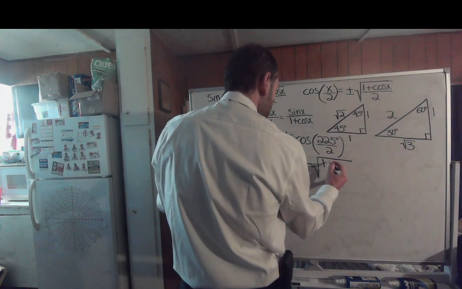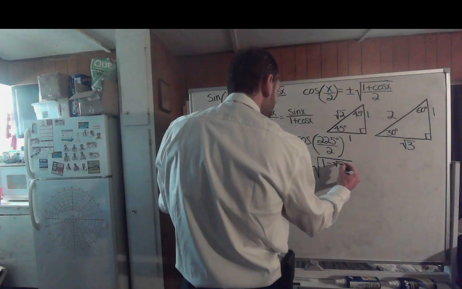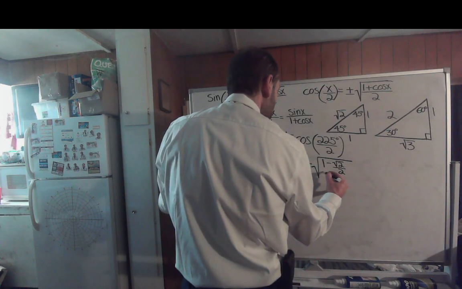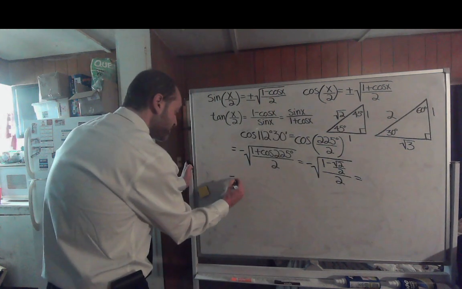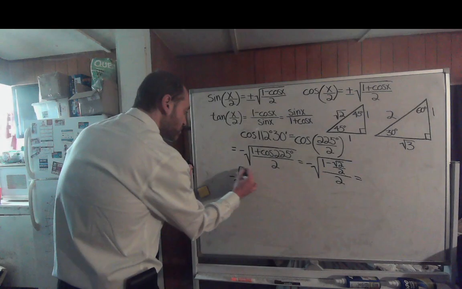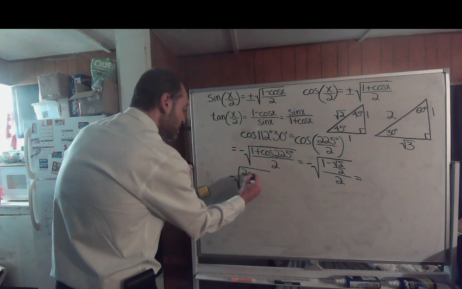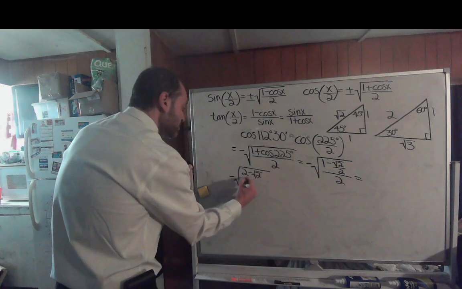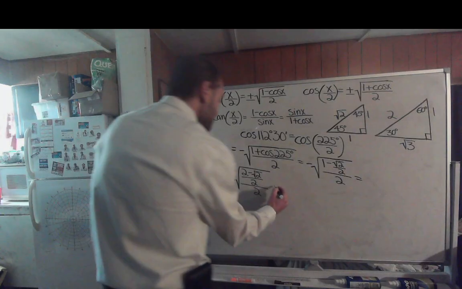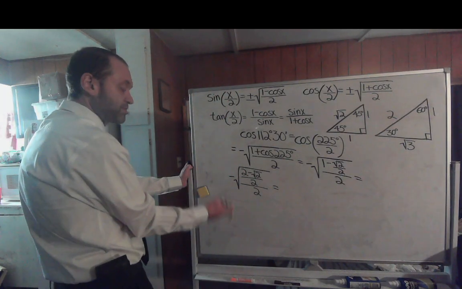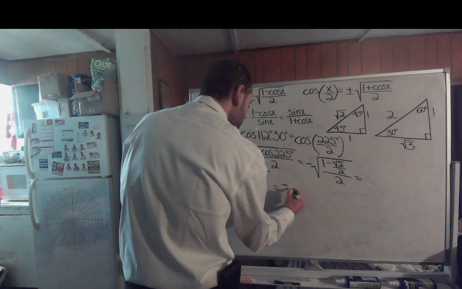So this would actually turn into 1 minus the square root of 2 over 2, all over 2, which should simplify further into negative of the square root of 2 minus the square root of 2, all over 2, all that all over 2.